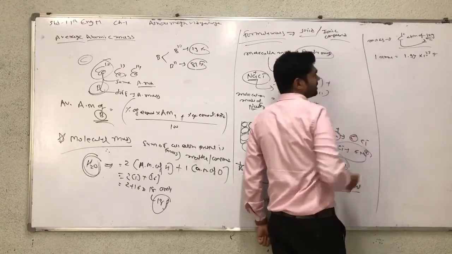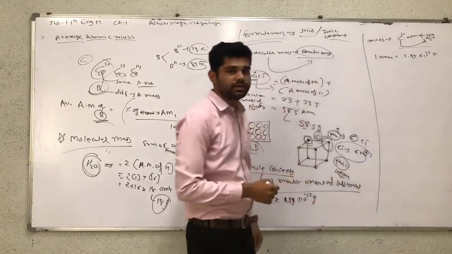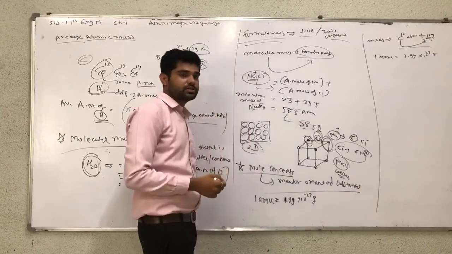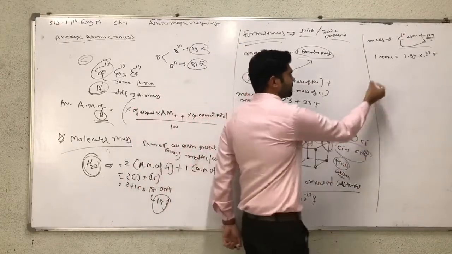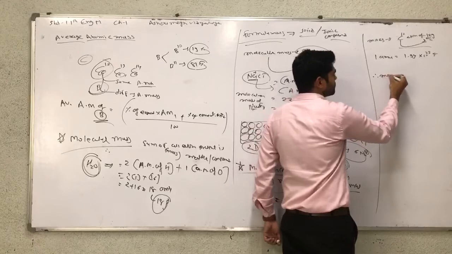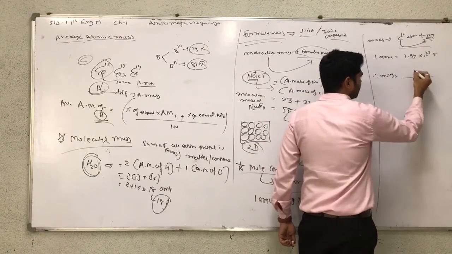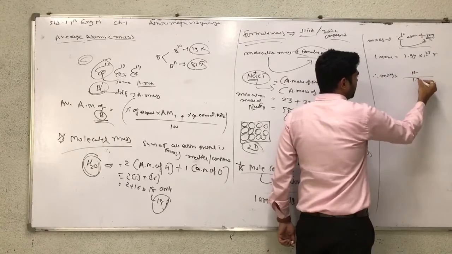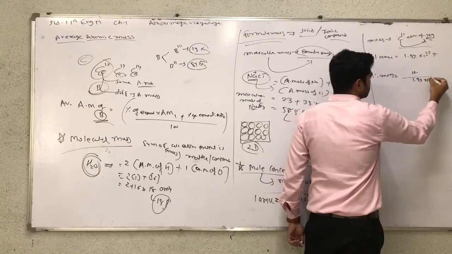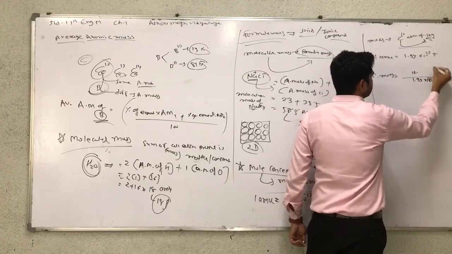So 12 carbon atoms means how many moles, or how many numbers? So derive that 1 carbon atom has a weight of 1.99 into 10 raised to minus 23 grams.